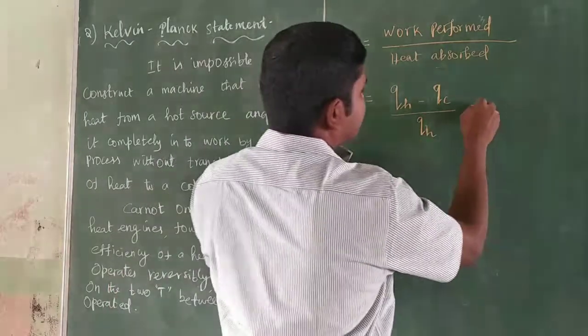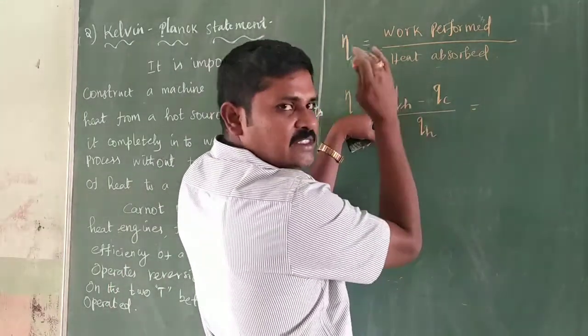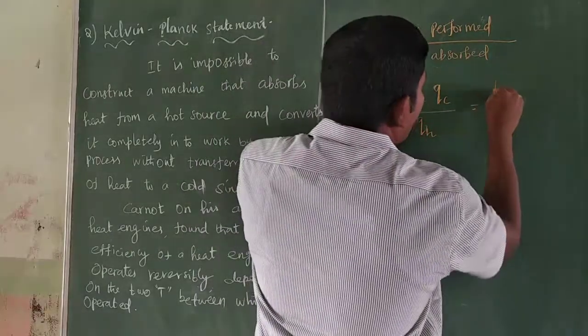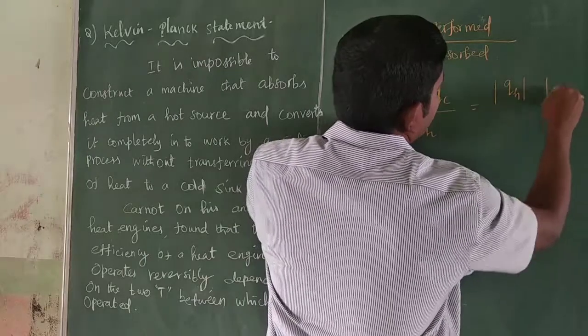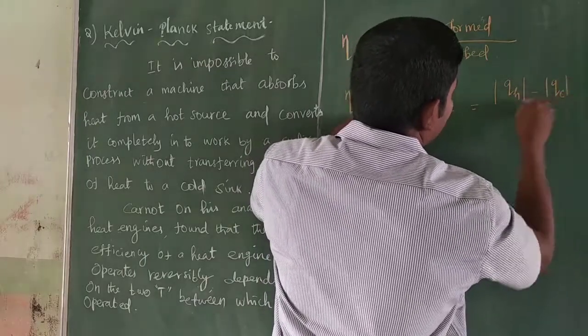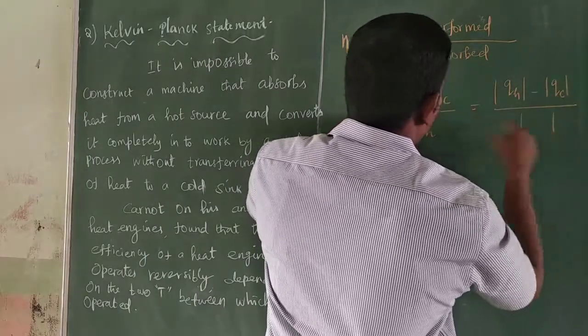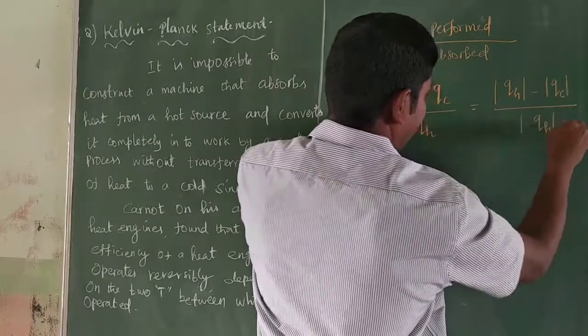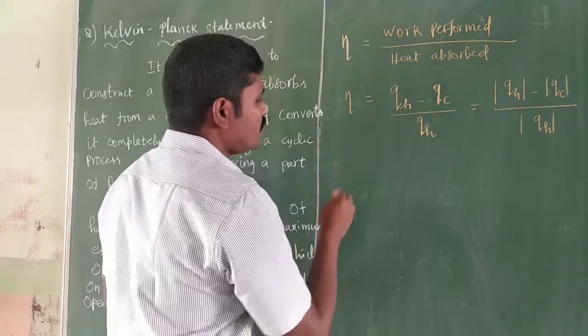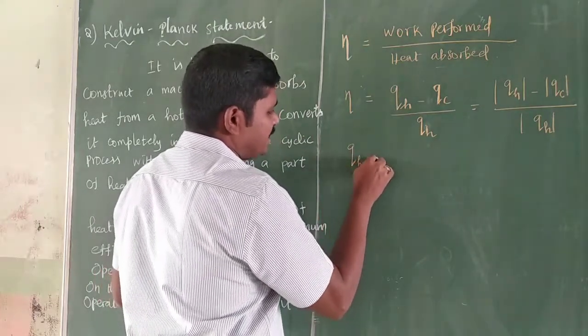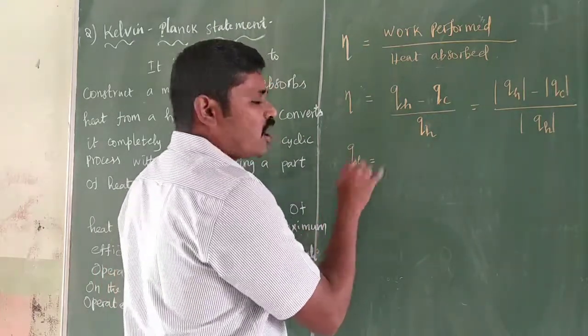In other words, always taking positive values, the modulus of QH minus the modulus of QC divided by the modulus of QH.